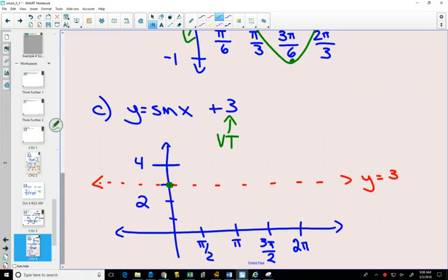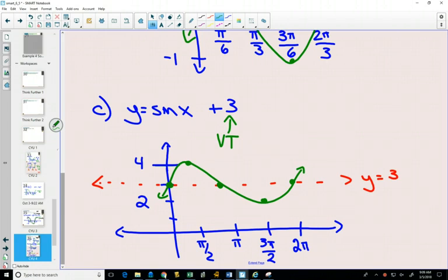So here's our middle. Going up, that means at pi over 2 it will hit our maximum. Then at pi it'll be back to your center line. At 3 pi over 2 it'll go to your minimum, and at 2 pi, back to the center line, and that is the graph from 0 to 2 pi. If it said to graph more, you could add arrowheads to say that this keeps on going and shifting forever.